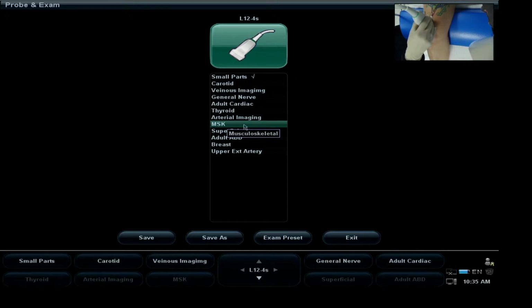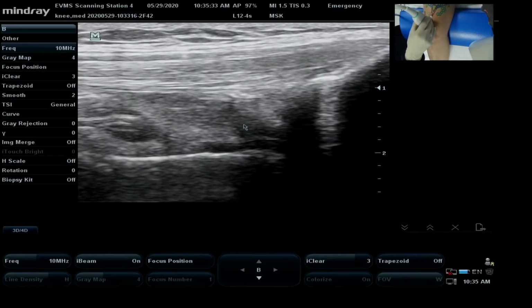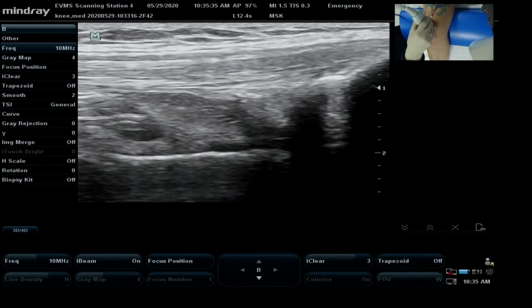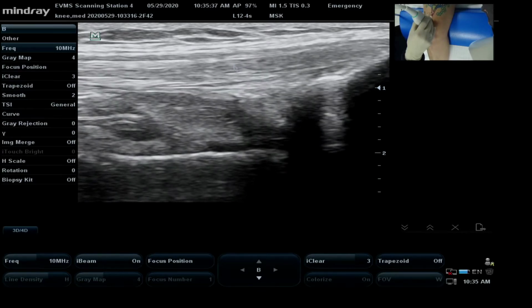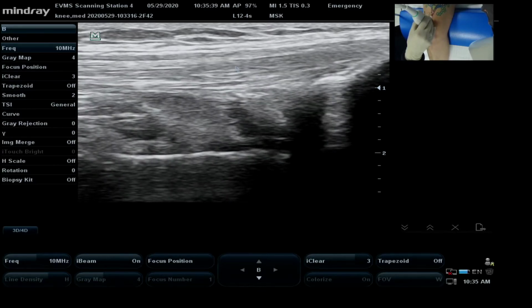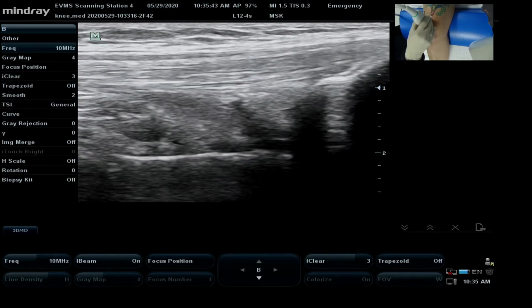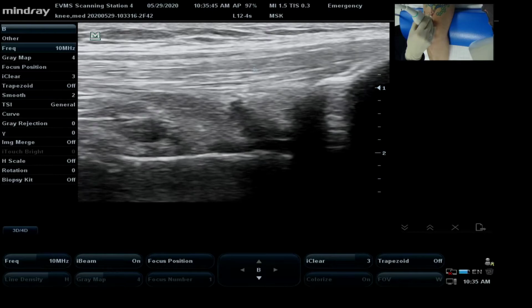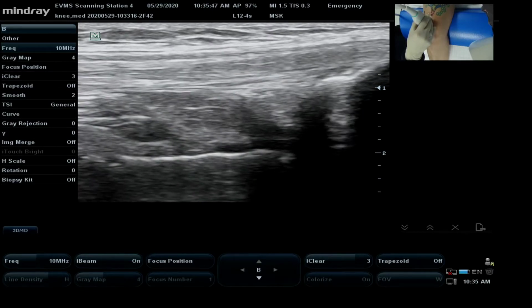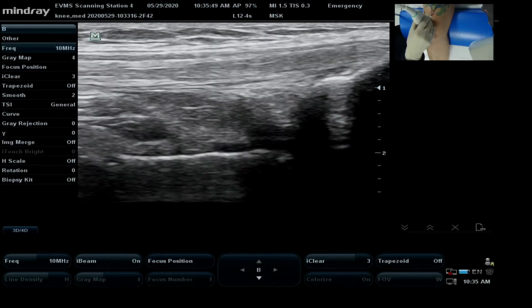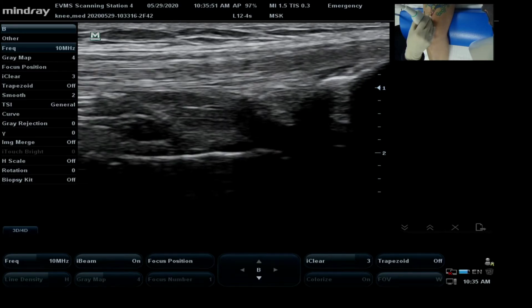So let me go ahead and hit my set button, and it does come in very bright, and so you oftentimes have to compensate for that almost immediately because you don't want your anterior imaging to be this bright. So I'm going to come over to my gains, and I'm just going to move them down overall.